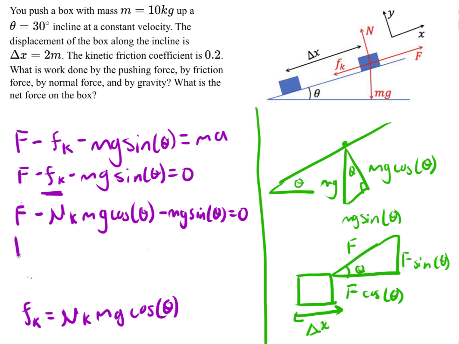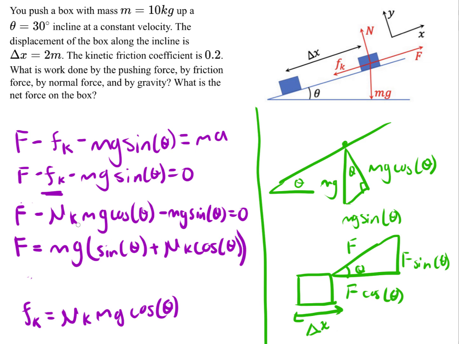And then from there we can factor mg out. So force is equal to mass times the gravity times the sine of theta plus the coefficient of kinetic friction times the cosine of theta.